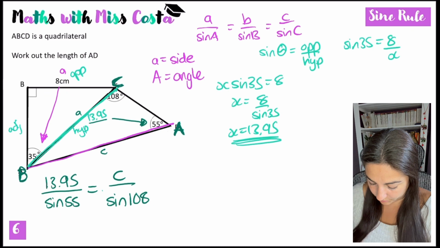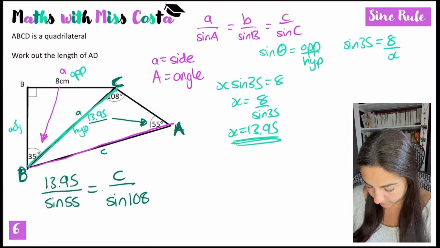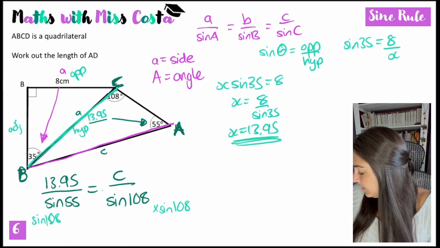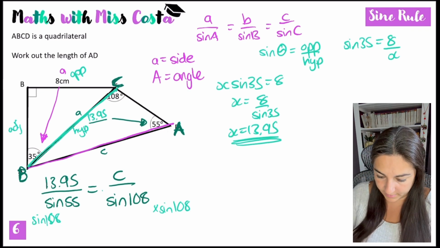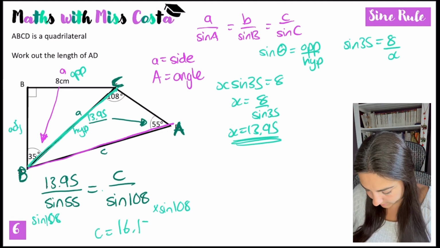So now what do I need to do? Well, I can just rearrange this equation to figure out what c is. So multiply both sides by sine 108, and then let's see what we get. 13.95 over sine 55 times sine 108 is 16.17 rounded.